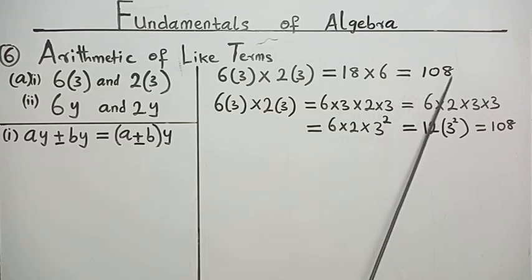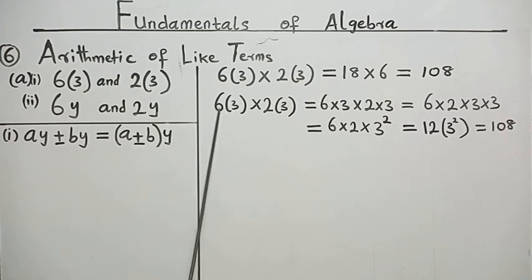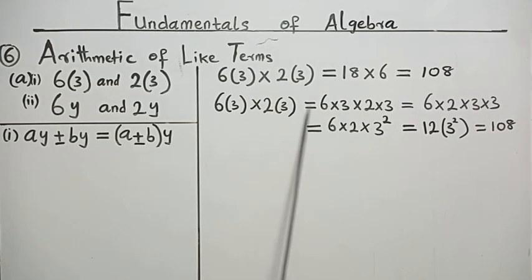Let me get the same 108 using a different approach. Now see the approach in this second line of operations. 6 bracket 3 times 2 bracket 3 simply means 6 times 3, then times 2 times 3. So when expanded, this number operation has become this.